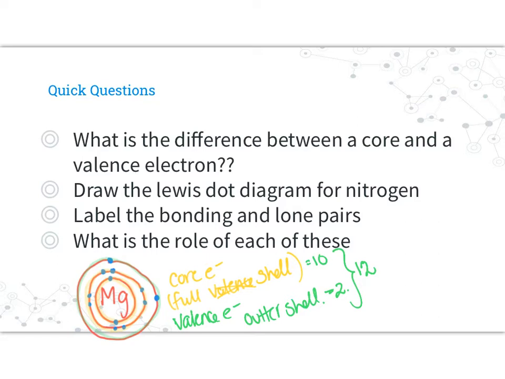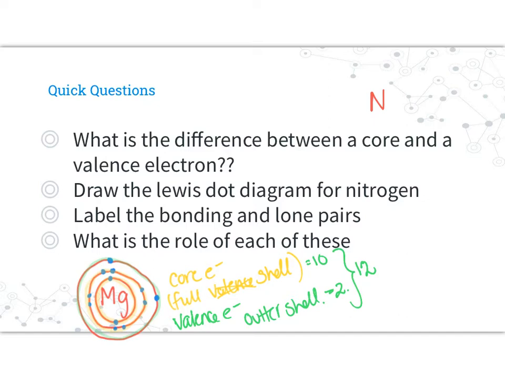Draw the Lewis dot diagram for nitrogen. When we are talking about a Lewis dot diagram for something, we're really only looking at valence electrons from here on out. Nitrogen is in the 15th group, and what we would do is count across the elements in that row that we find nitrogen in. So if you've got your periodic table in front of you, we would count lithium, beryllium, boron, carbon, nitrogen.